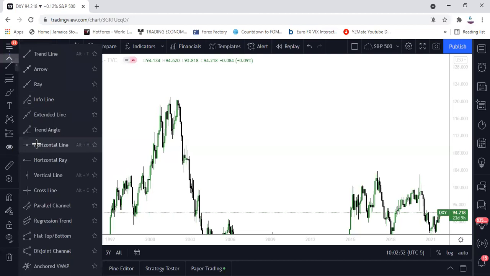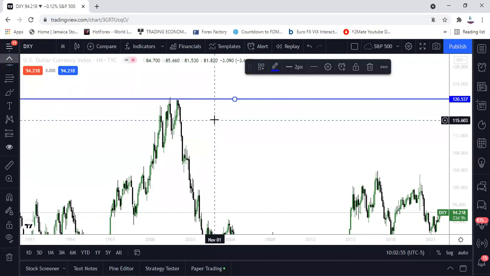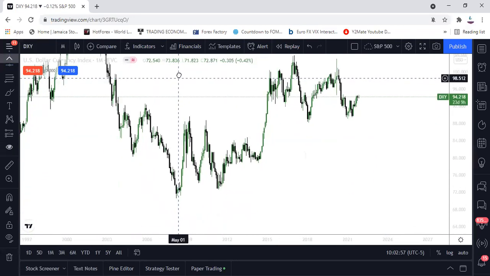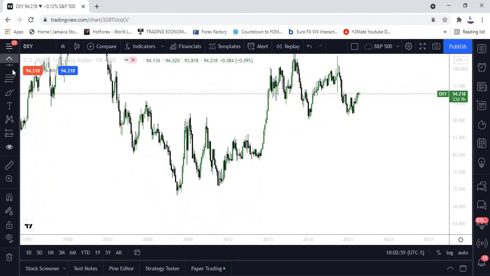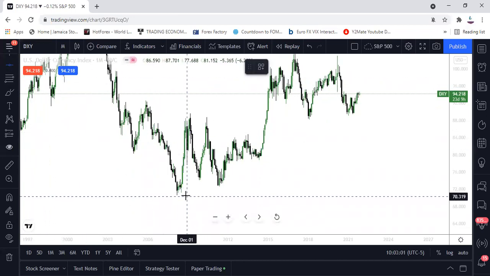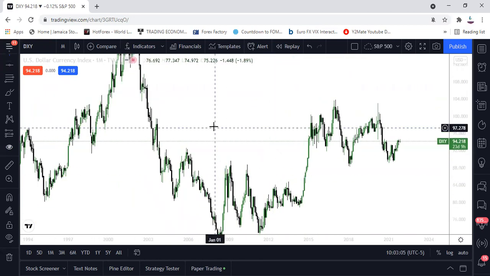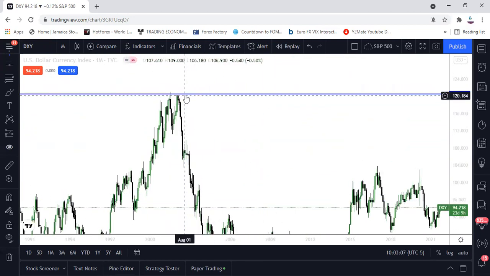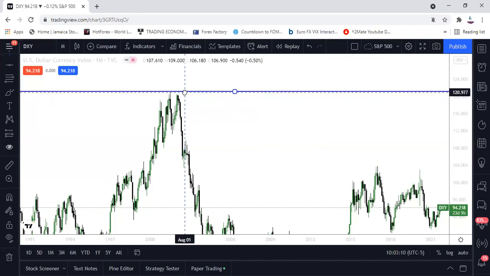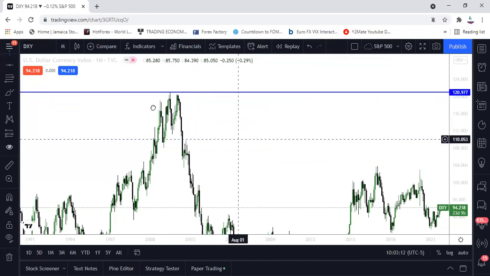This doesn't mean that it's going to get here anytime soon. High of the range and low of the range, and I'm using the wicks here: the highest wick, the lowest wick, that's my current trading range.